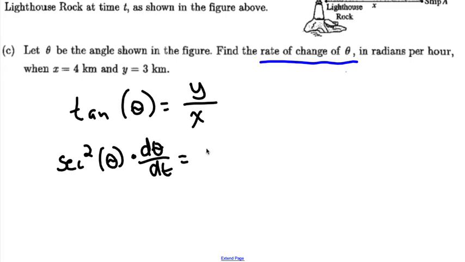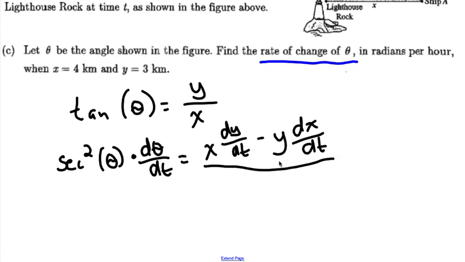So low x, d high, so dy dt, minus high, d low, dx dt. All of this is over the low squared.